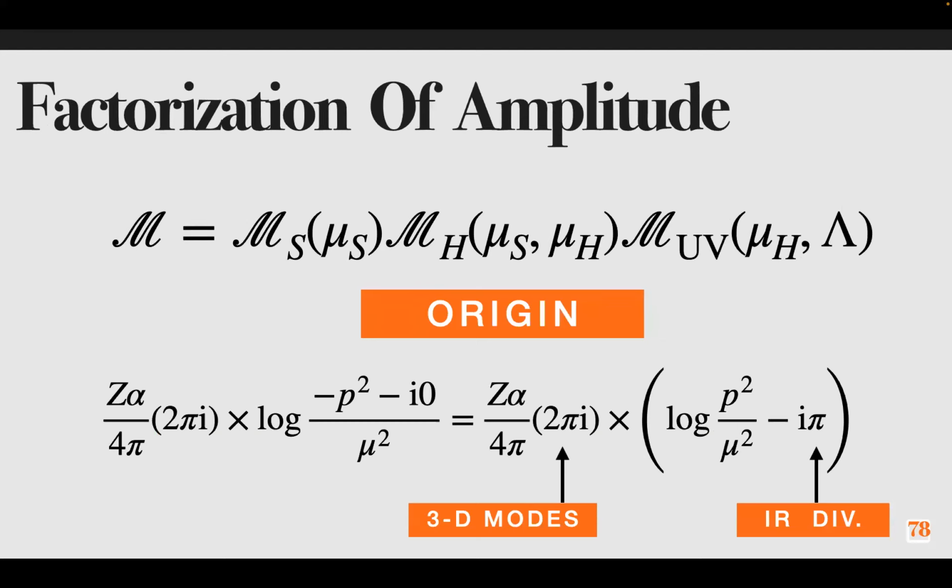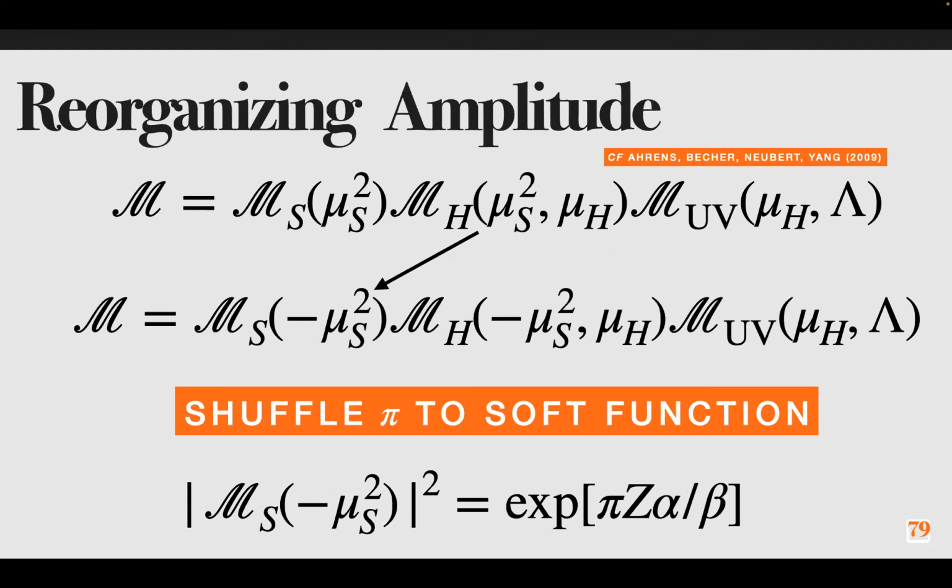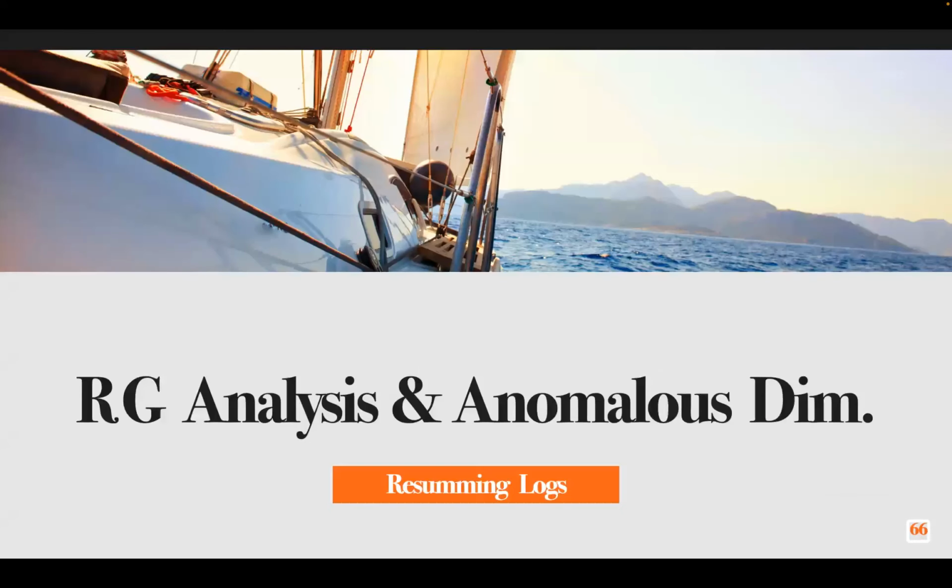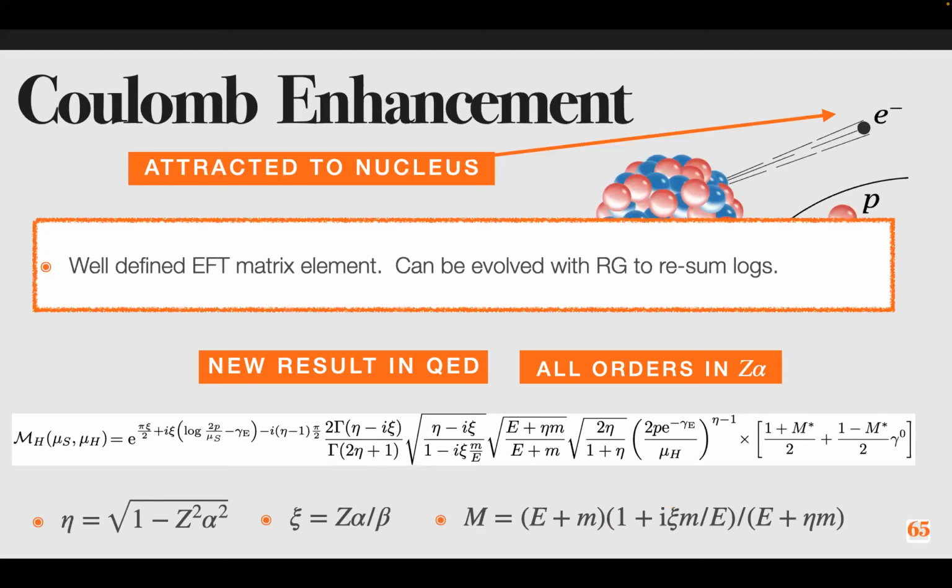So you don't have a factor of i pi anymore, but that i pi needs to go somewhere. So it goes into the soft function, because these are related by an IR divergence in my hard matrix element and a UV divergence in my soft function. When you put it in the soft function, that's good, because we know the soft function to all orders in perturbation theory. And then it turns out you can look at the all orders matrix element that I wrote down before, and you can see precisely this exponential that I mentioned appearing.